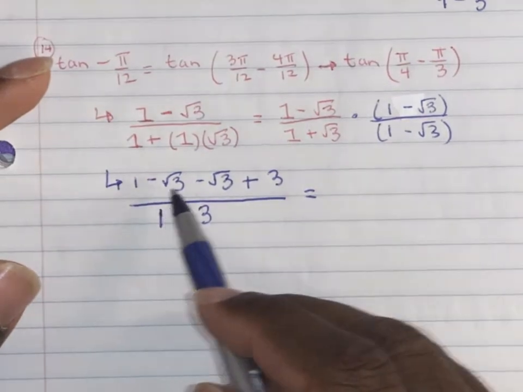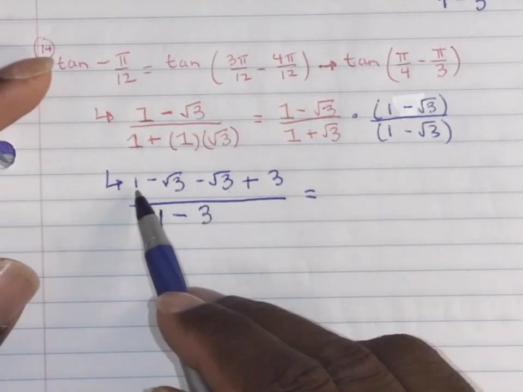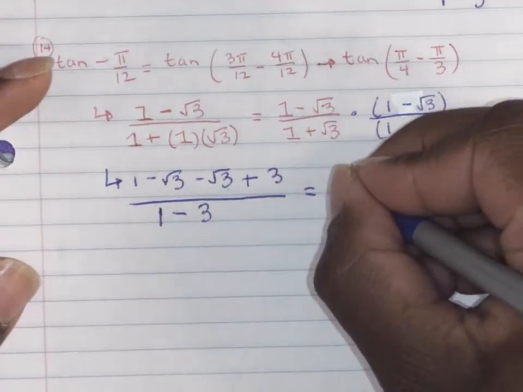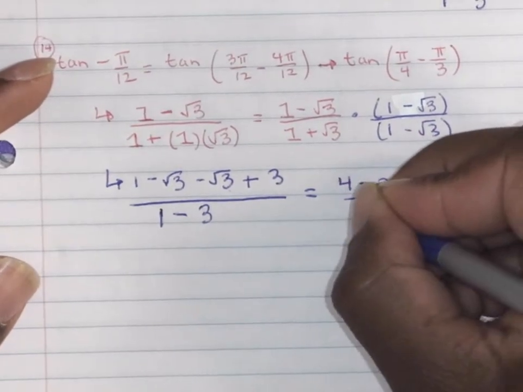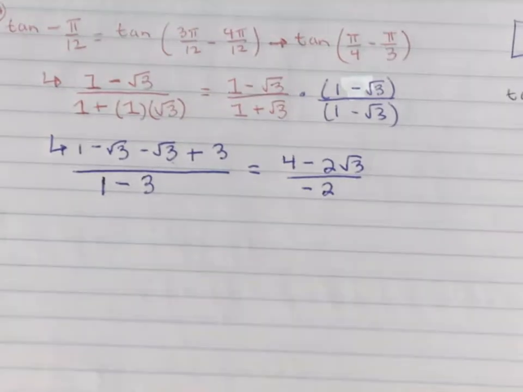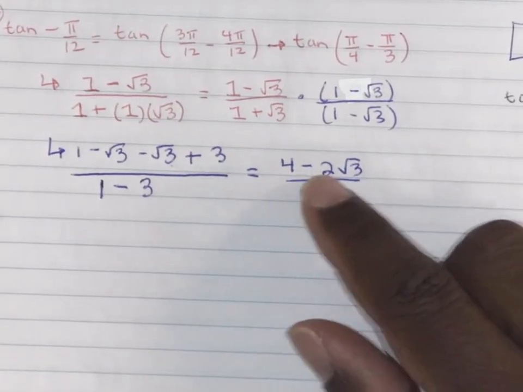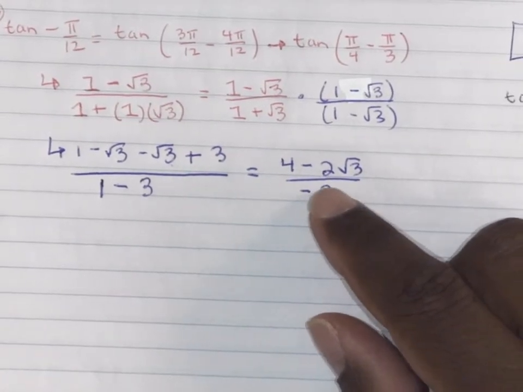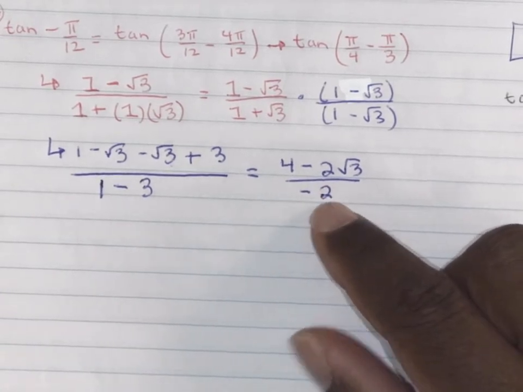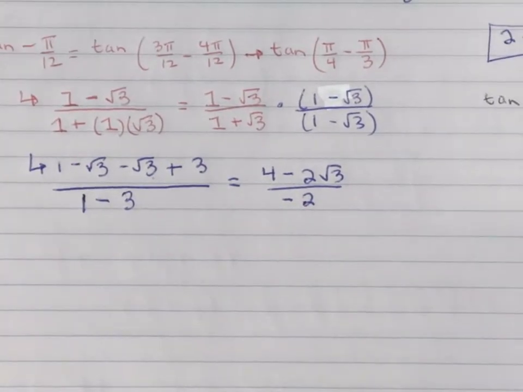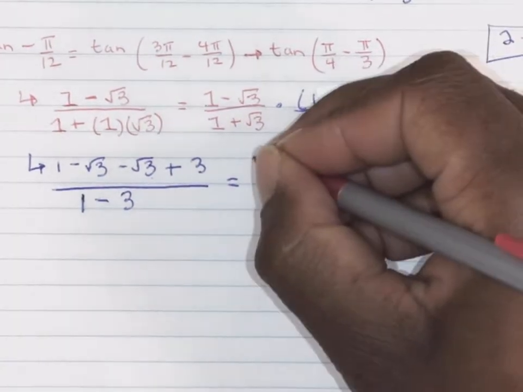I have 2 negative root 3's, and then I also have 1 plus 3. So 4 minus 2 root 3 over negative 2. All of these terms have a 2 in common, so I'll divide everything by negative 2, and that'll get rid of this fraction completely. So 4 divided by negative 2 is negative 2.